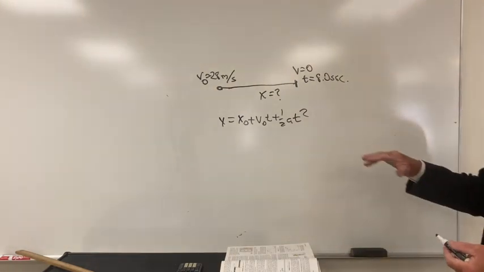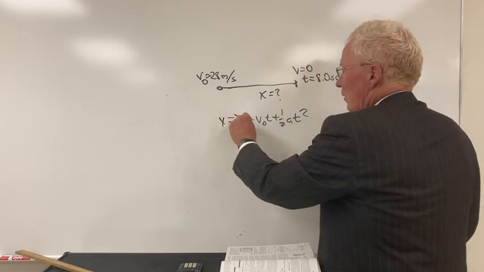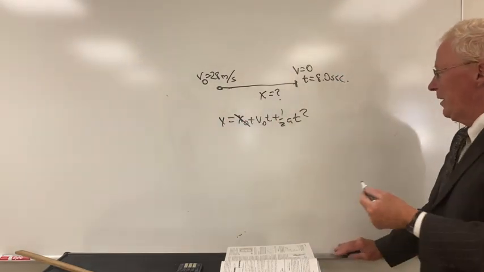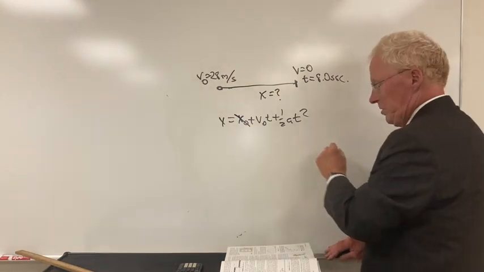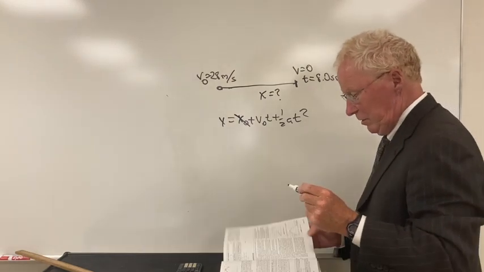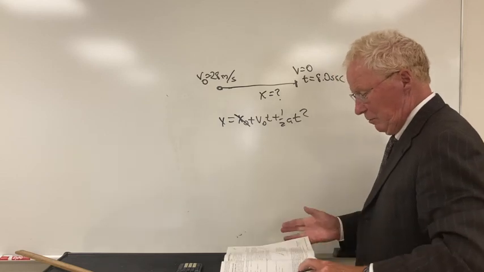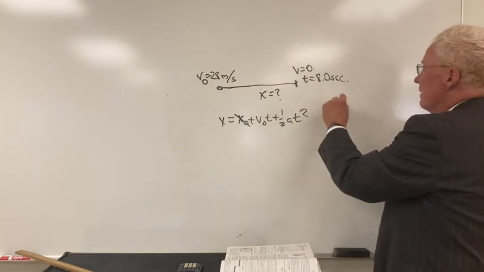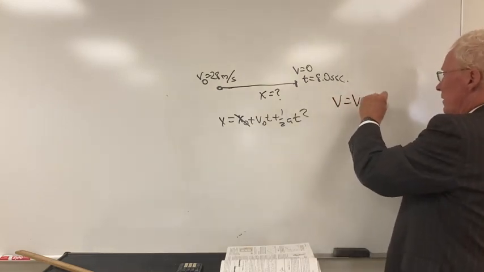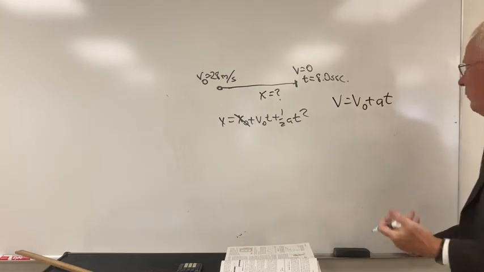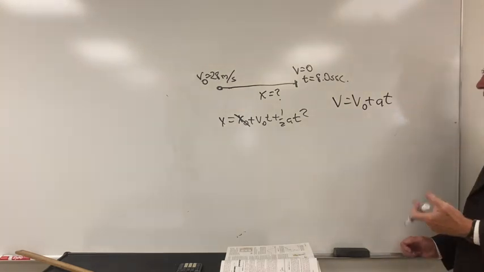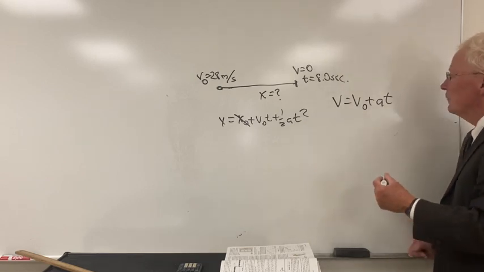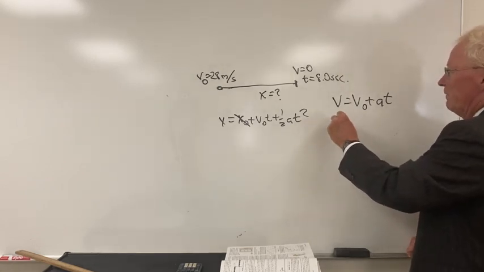We know x naught is 0, V naught is 28, and we know the time, but we need to find the acceleration. The acceleration comes from our original equations, V is V naught plus at. So we need to solve for the acceleration first, because it's a two-step problem, which makes it slightly more complicated.